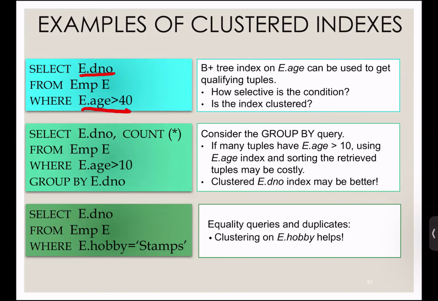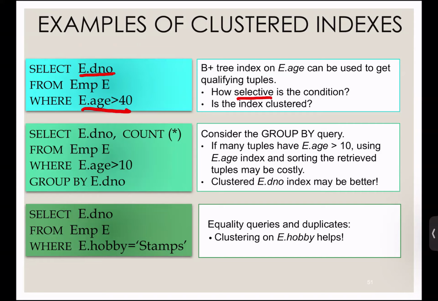Would that be fast enough? I can use the index of age to go to the block of people whose age is more than 40, and then after that, I can list out the DNO. Well, okay, it depends on how selective the condition is.